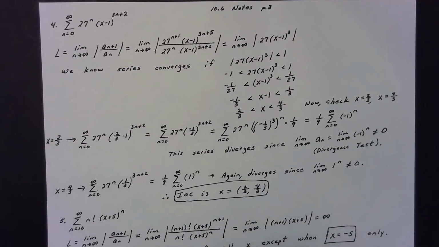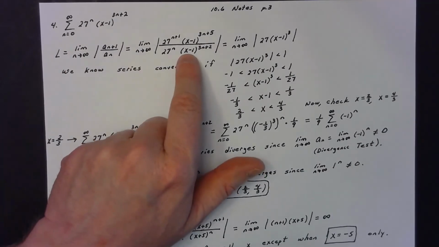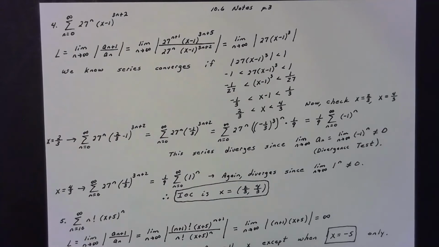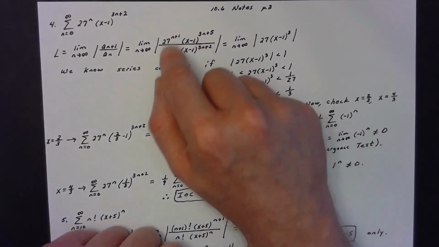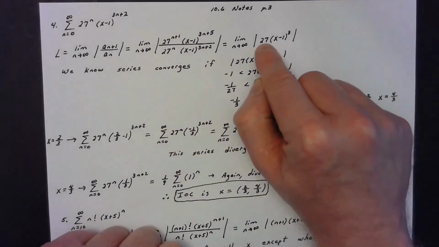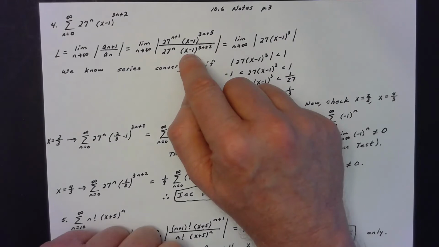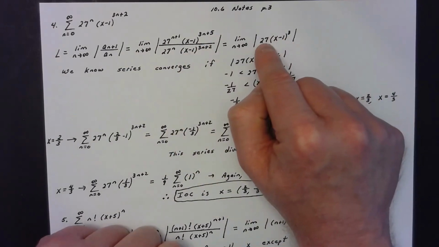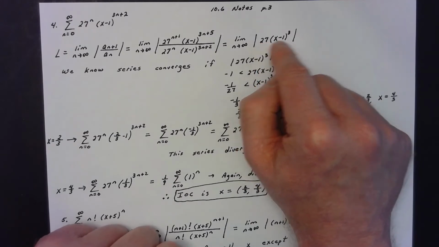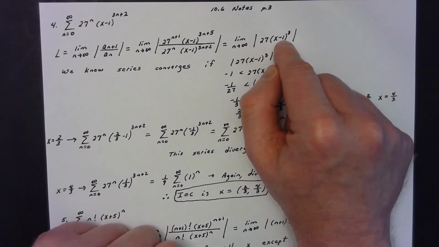Now I divide that by a sub n, which just puts your original relation back in there. Whenever you simplify this down, you're going to have one more factor of 27 in the numerator, and 3 more factors of the group (x minus 1) in that numerator. So this simplifies down to the absolute value of 27 times (x minus 1) cubed.